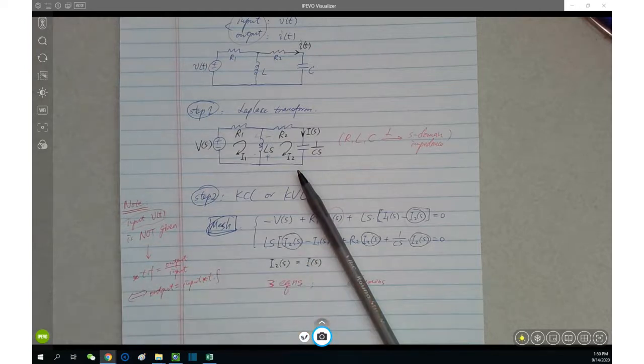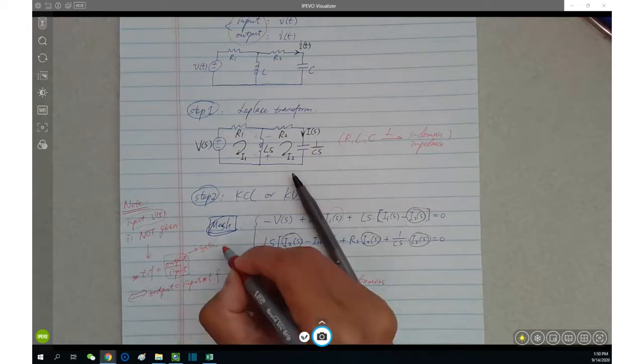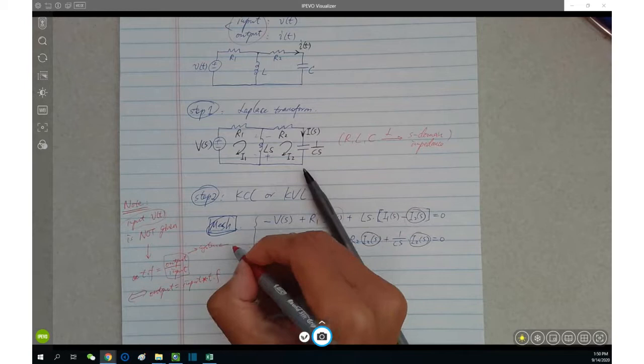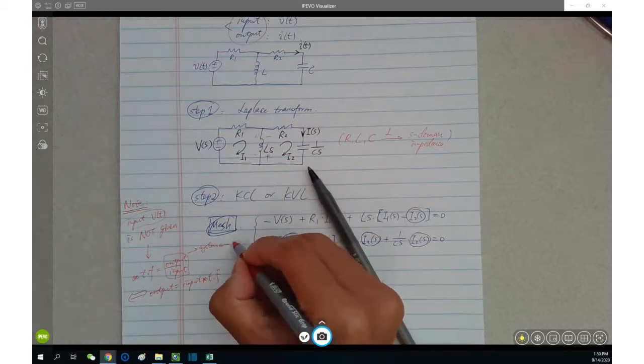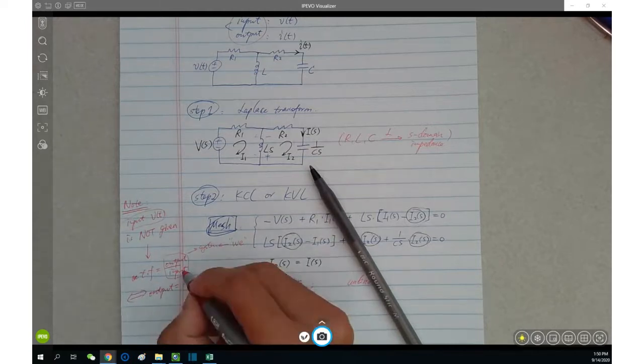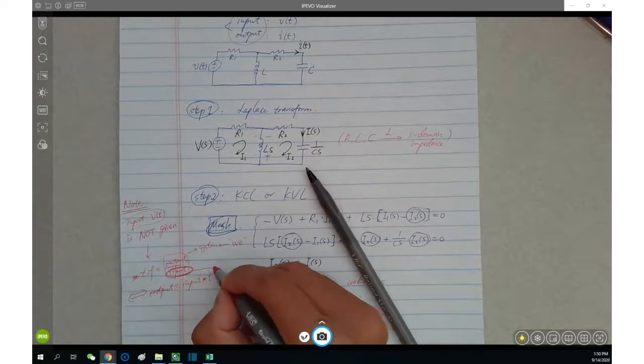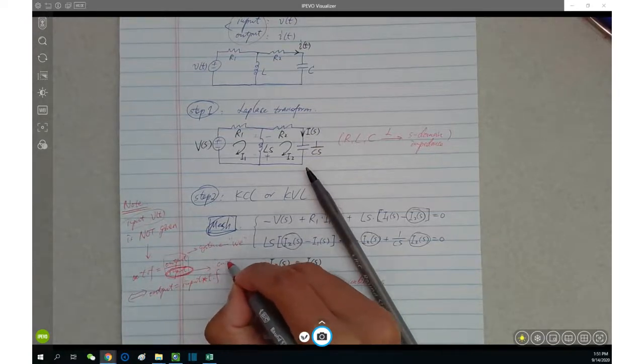Therefore, when we study the system, this guy is the system. Who is designing the system? We, as the engineers. Input is up to whom? Input is up to the customer, out of our control.